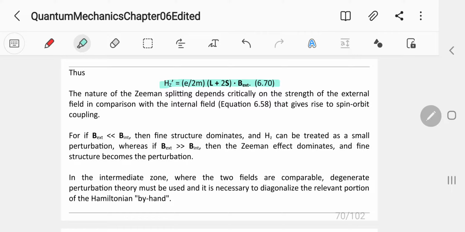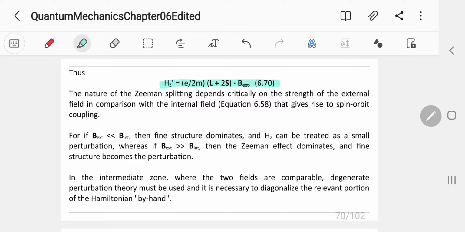So is it stronger or weaker than the spin orbit coupling, which we have studied in the previous lecture? If the external magnetic field is much less than the internal magnetic field, then the fine structure correction will dominate, and H_Z can be treated as a small perturbation.